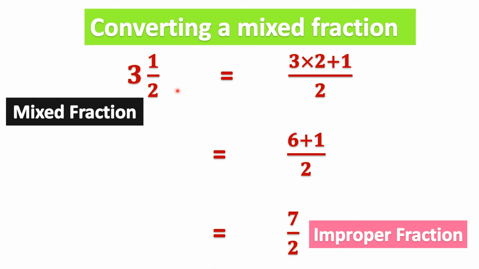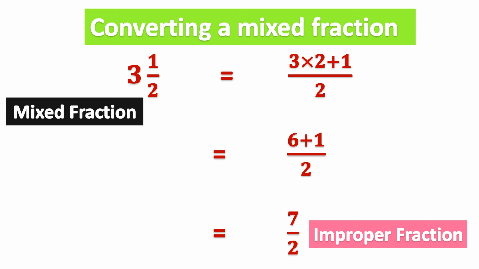So mixed fraction, when I convert it into a normal fraction, what type of fraction did I get? 7 is greater than 2. So what type of fraction is this? Improper fraction. So you can see that when I convert a mixed fraction, I get an improper fraction. So that means 3 1 by 2 is equal to 7 by 2.